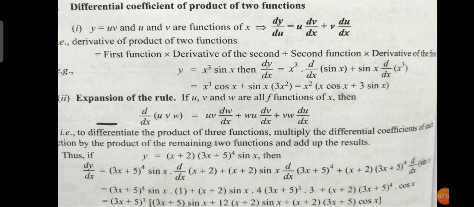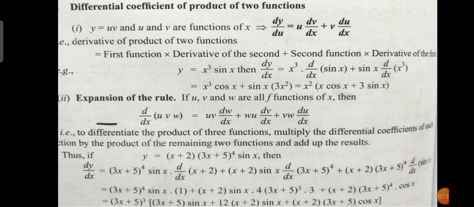And the second one is d/dx of uvw. That is the same. The expansion of the rule is: the product of the first two functions into the derivative of the third, plus the first and third functions into the derivative of the second, plus the second and third functions into the derivative of the first.